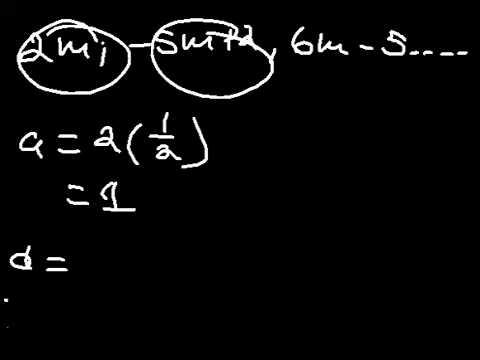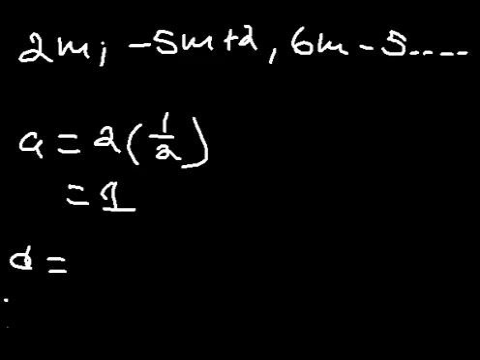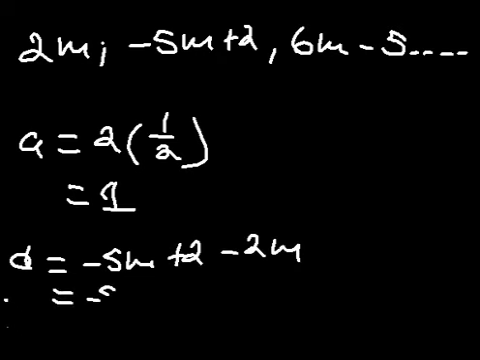That's the common difference. So we'll have negative 5m plus 2 minus 2m, of which we'll have negative 5 times half plus 2 minus 1, since we already have it as this one.